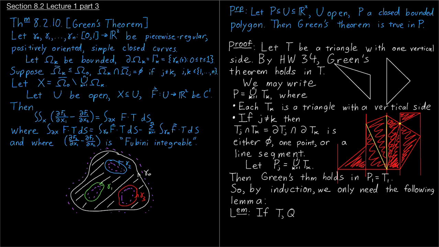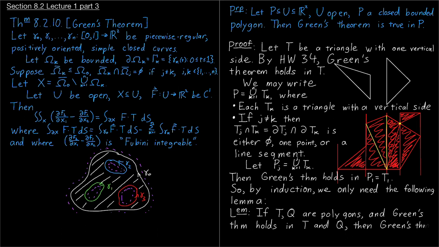If I've got two polygons, let me call them T and Q, and Green's theorem holds in each of them, then Green's theorem holds in their union. And that's the first thing we'll prove in the next video.